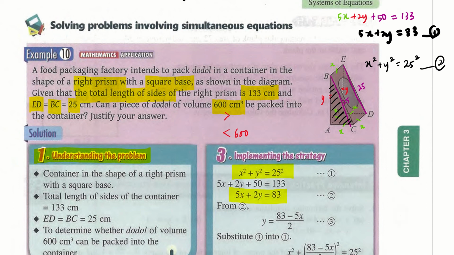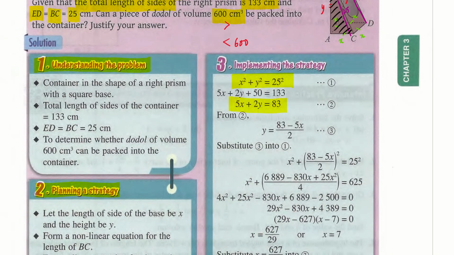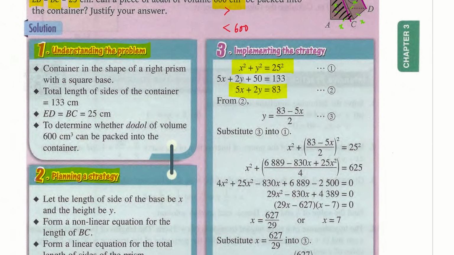So next, implementing the strategy means that you choose your own strategy, either substitution or elimination, in order to find the unknowns. For this part, take y as the subject, and substitute into equation 1 in order to find x.